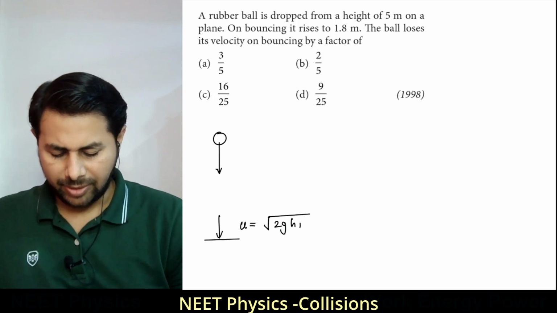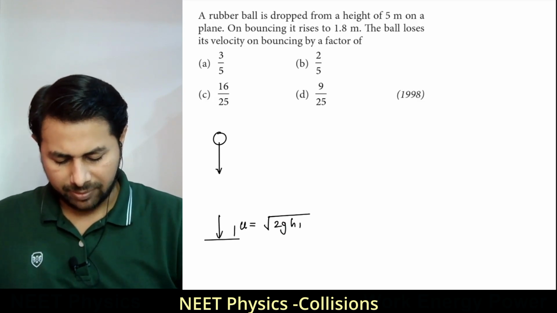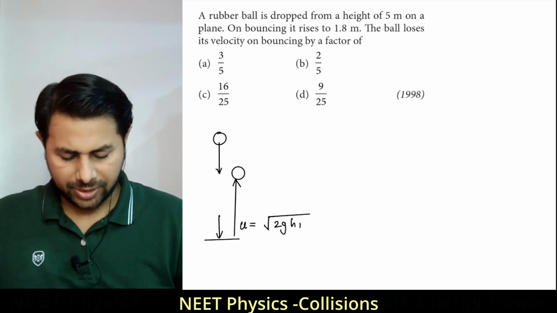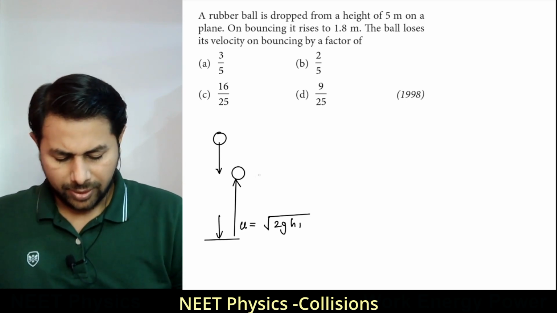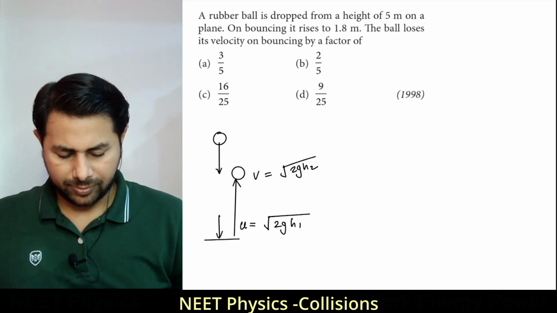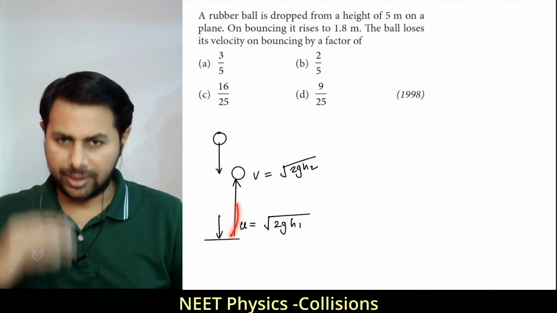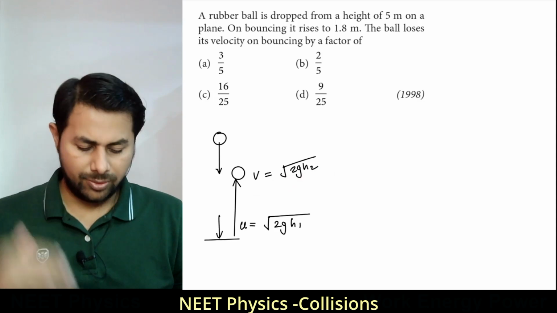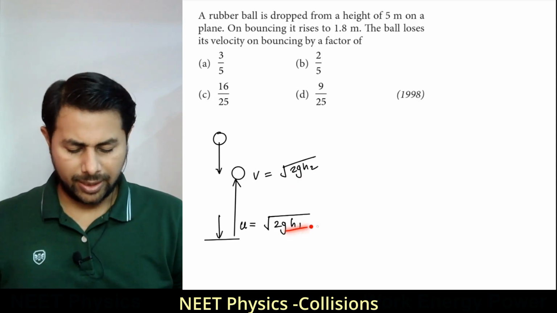And it bounces back to some height, let's say h2. So v would be equal to the square root of 2g h2. It bounces back with some velocity, and that velocity is root of 2g h2, right?